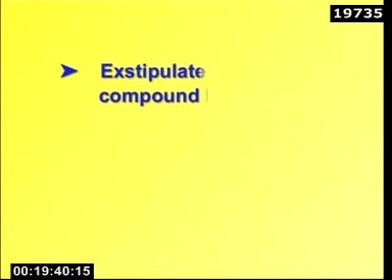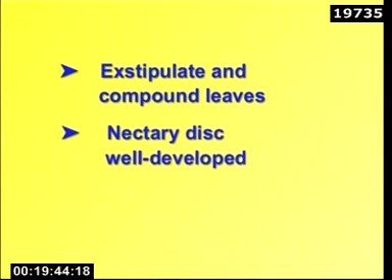The family Rutaceae shows a strong relationship with Simaroubaceae, Meliaceae and Sapindaceae, and they are thus placed together in the order Sapindales. Morphological synapomorphies of the order include exstipulate compound leaves and a well-developed nectary disc.